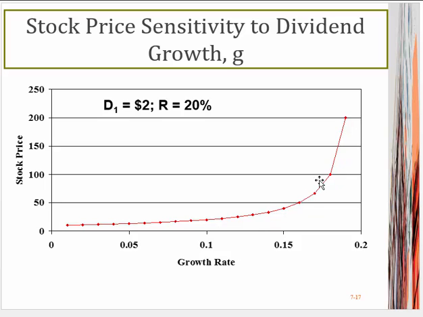So there is a point where the actual growth in stock price becomes very, very high. It's not likely that companies would be able to maintain that for very long. Most companies are going to be down here in the 3 to 6 or 7% range, mostly just to try to keep up with inflation.